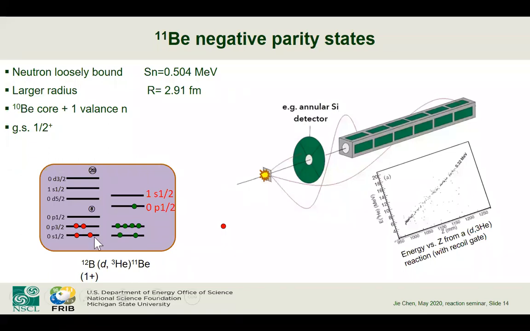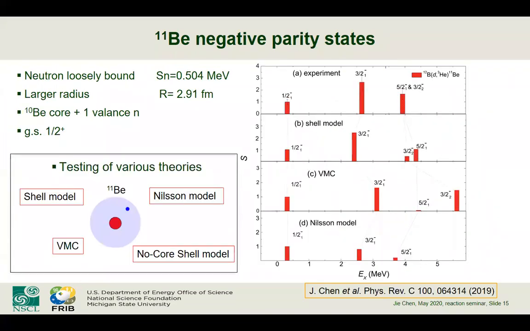This measurement was also carried out using HELIOS, but with the silicon array downstream of the target. I already showed you how we did the analysis for this kind of reaction, so I will directly show you our result and how we compare with the different models.